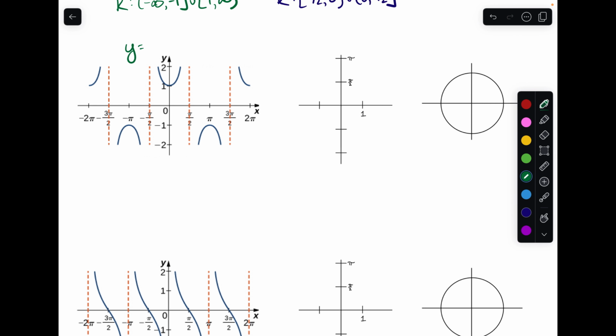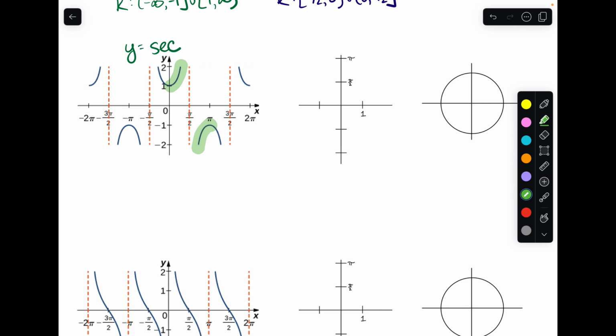This is secant. For this one, if I look at which part I can highlight, that part would be here, but I couldn't do the other part of that little part of the parabola because, again, that would fail the horizontal line test. So I'm going to include this piece right here.